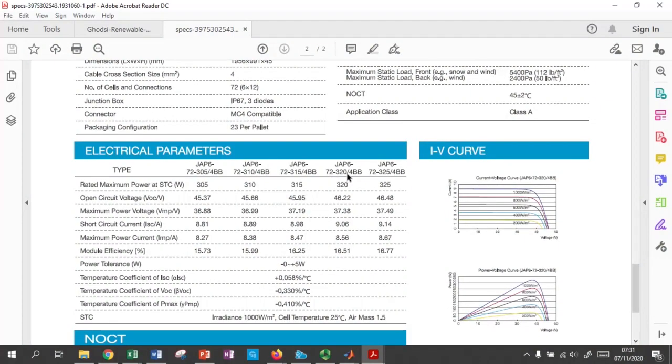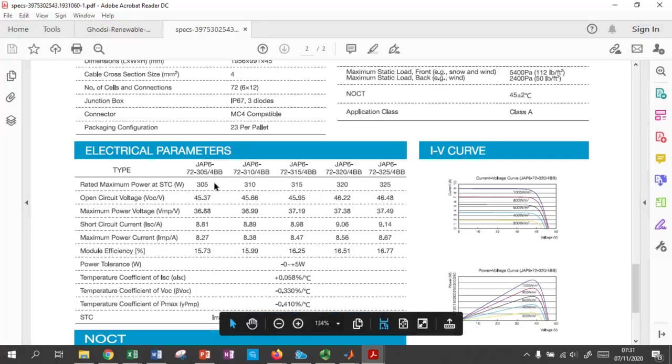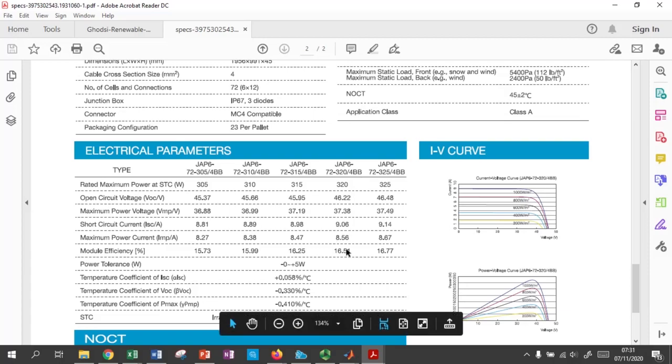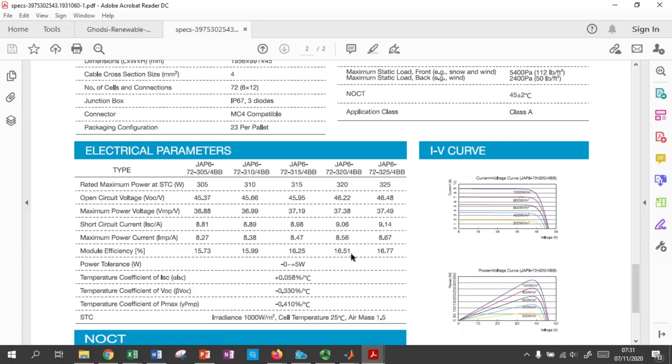This catalog covers these models, and we can select 305, 310, 315, 320, and 325. Assume, for example, I short circuit for this one. This one is a good one. Maximum power is 18, module efficiency is 16.51. Okay, we will select this one. Then the short circuit current is 9.06.